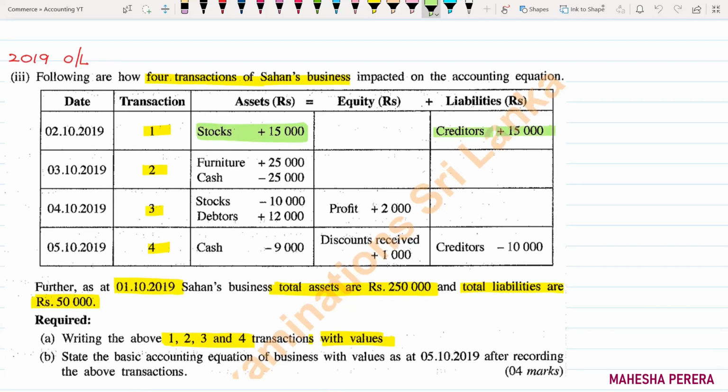Stock increase means it has to be a purchase of stock, right? Normally the value of stock in a business increases when the business purchases stock. And on the other hand, can you see creditors value also increases. If cash value decreased here, it would be a cash purchase. But creditors increasing means this is a credit purchase. So how do you write a credit purchase?